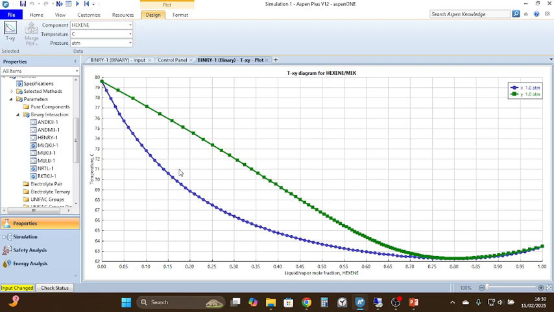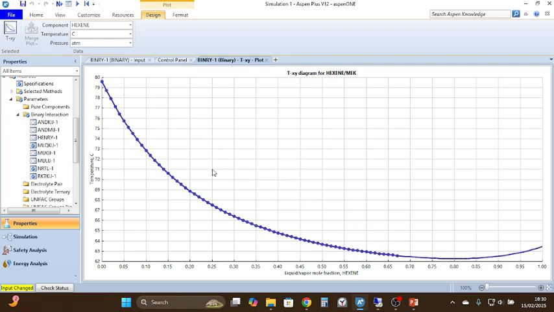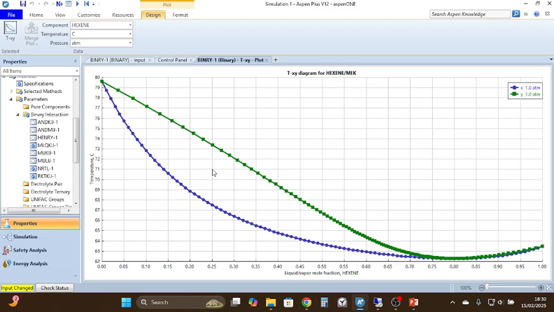The space in between is the place where liquid and vapor mixtures coexist in equilibrium. So if you are given a particular mixture which exists at this point over here, that is 0.25 of hexene and 0.75 of MEK.